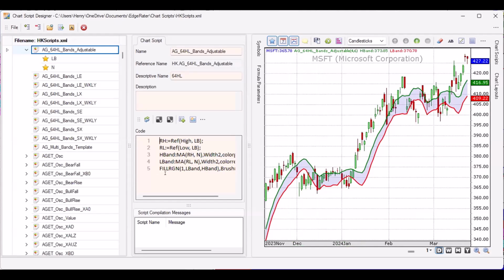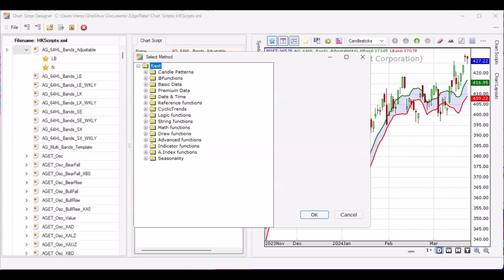If you come down here, one of the things that I found to be useful when I started charting. You see these little insert buttons, method or script. If you click on it, this puts everything that you want in order of how to do a script.